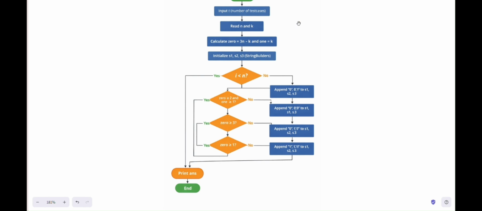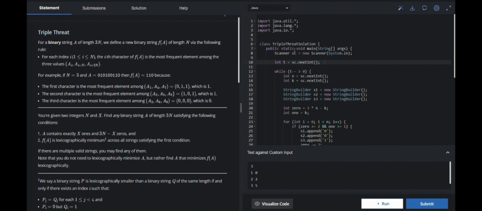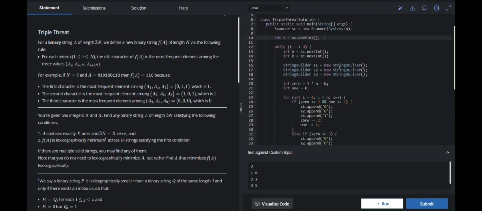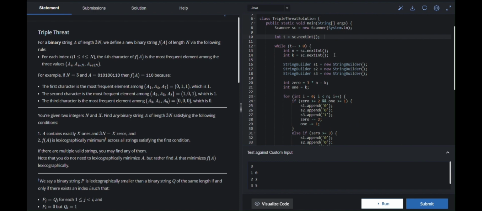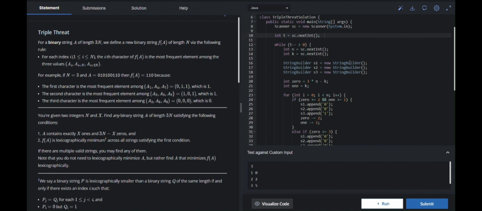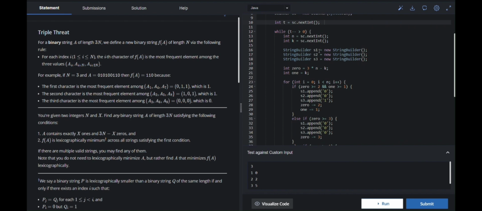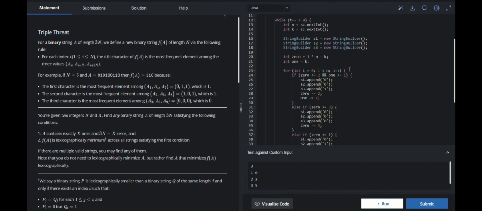Now let us discuss the code. As per the flowchart, I have taken T, the number of test cases, and N and K, where K will be the number of ones and 3N minus K will be the number of zeros. We will take s1, s2, and s3 as three string builders, and calculate how many zeros and how many ones there are.